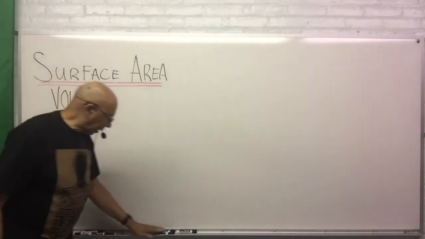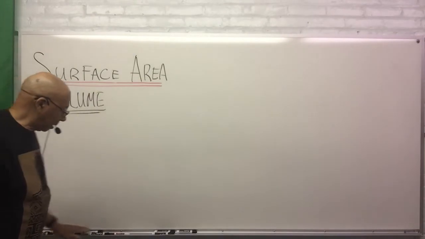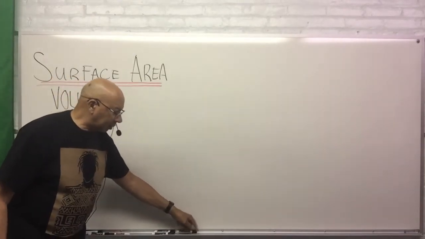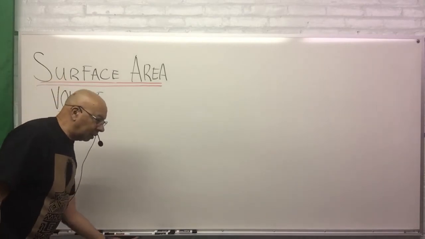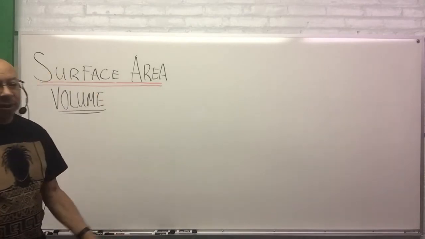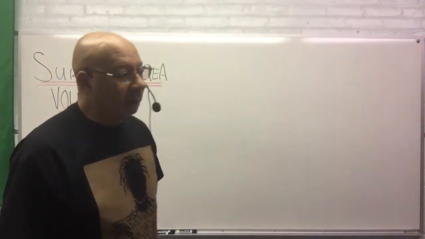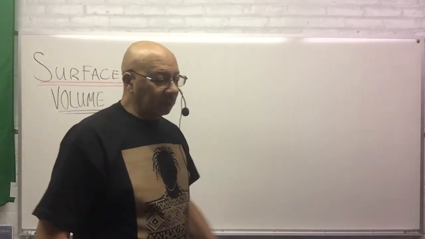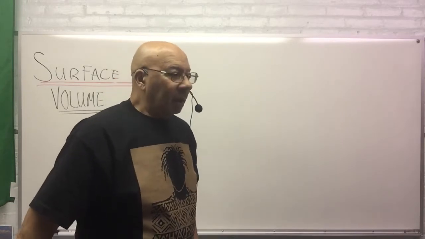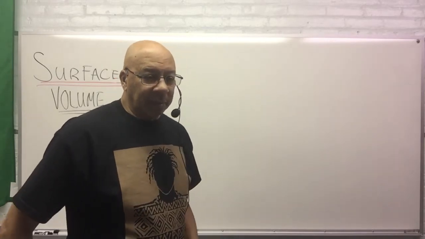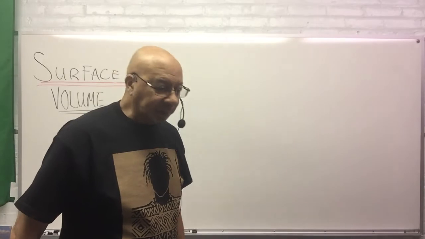This where the markers are is the surface of the marker tray. This is the underside. When you eat lunch, dinner, or breakfast, you eat on the surface of the table, not under the table. Under the table would be considered the bottom.